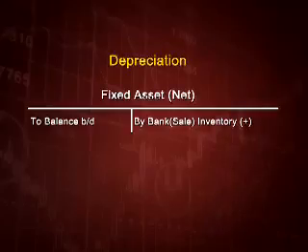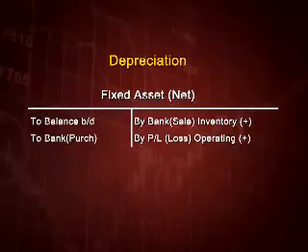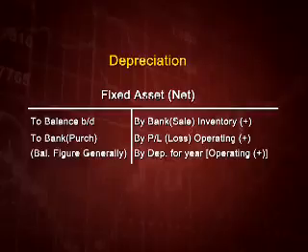Now, if some asset is sold, we will show it on the credit side by bank sale. This will be added in investing activity, and if there is a loss, it will also be shown on the credit side by profit and loss account loss, added in operating activity.